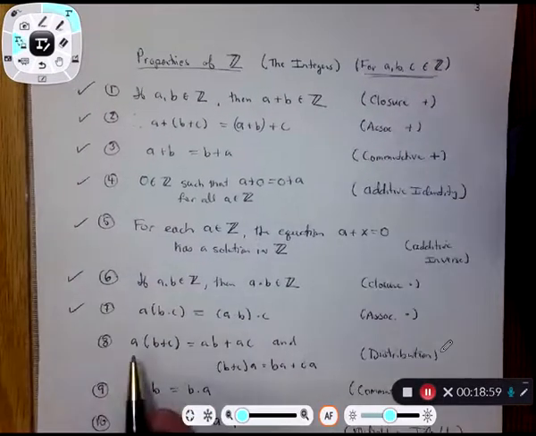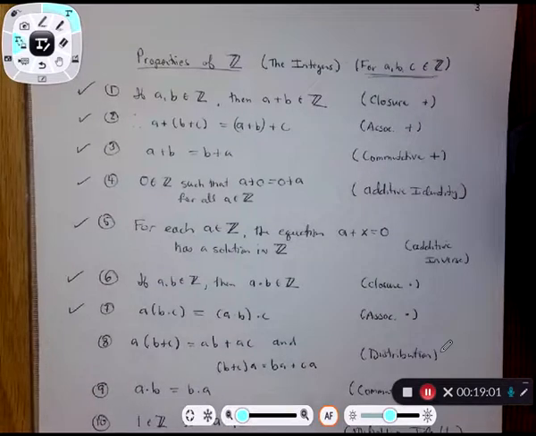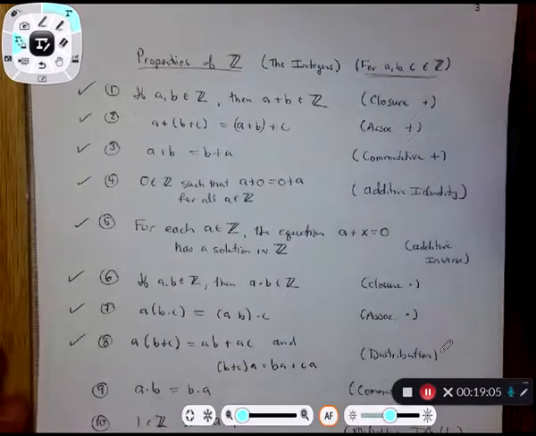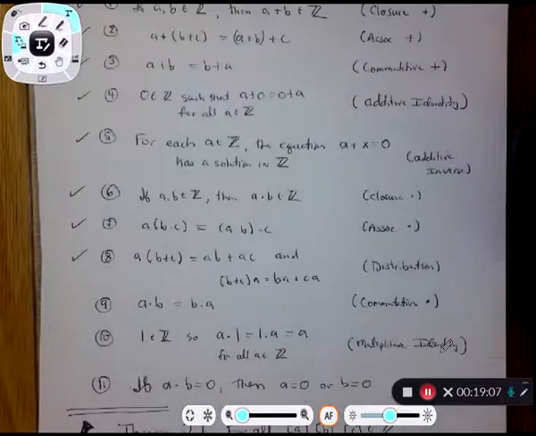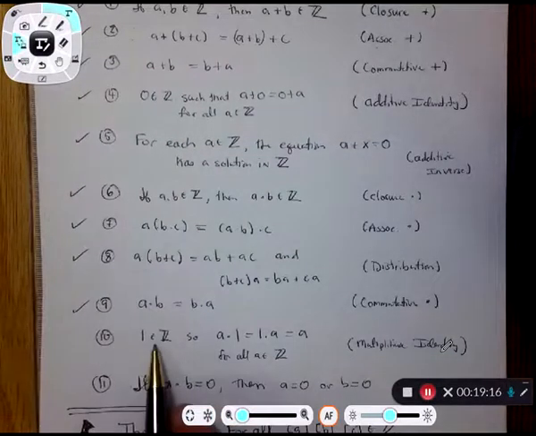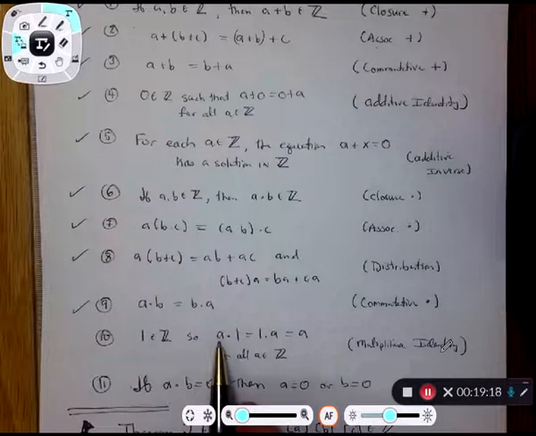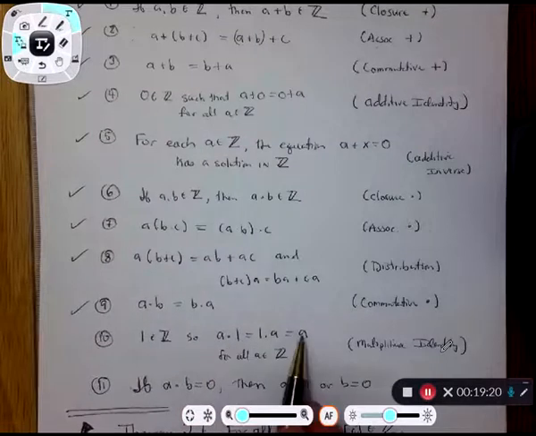We can distribute the front or distribute the back, so that holds. We have commutativity. Equivalence class A times B is equal to equivalence class B times equivalence class A, doesn't matter what order you do them in because you're going to multiply them anyway. Is there a one equivalence class? When I multiply any equivalence class times 1, do I get the other guy back again?